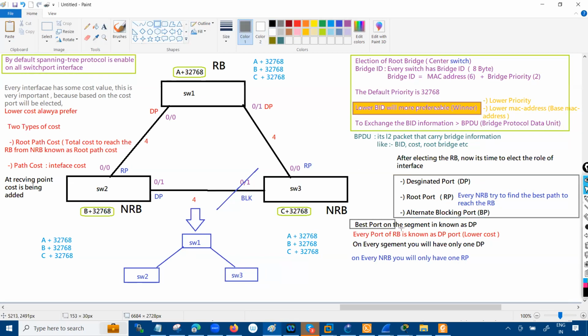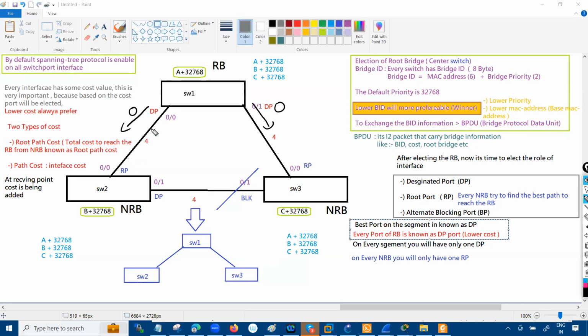Every segment has a DP. The best port on the segment is known as the DP because of the lower cost, right? Every port of the root bridge is a DP port, because when it generates the BPDU, the root path cost will be 0. So in this example, in this segment, who will be the DP?